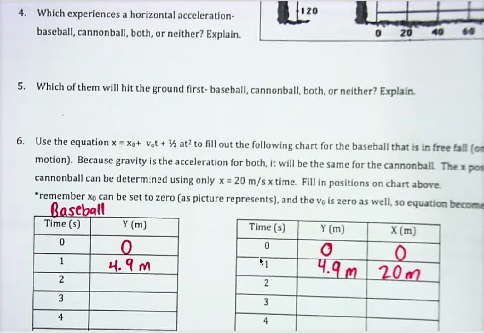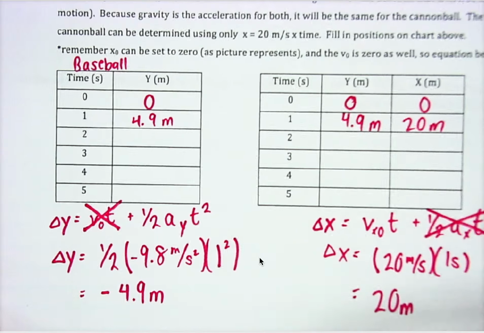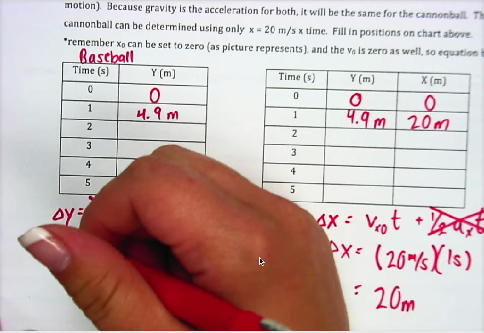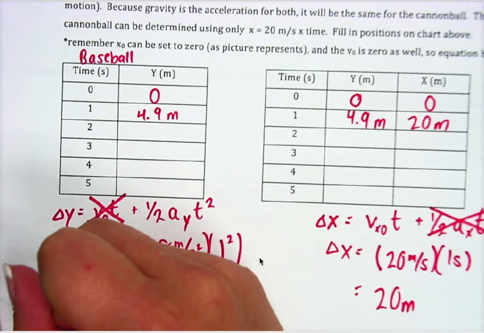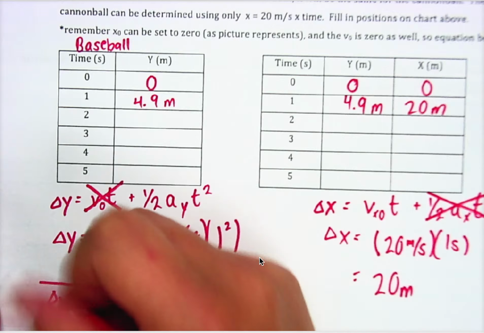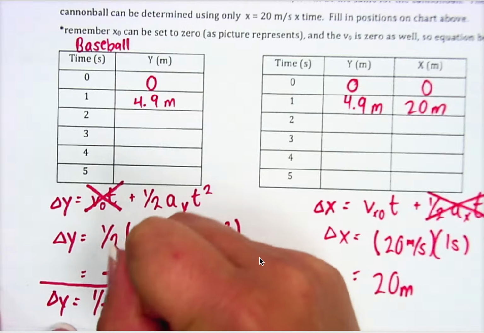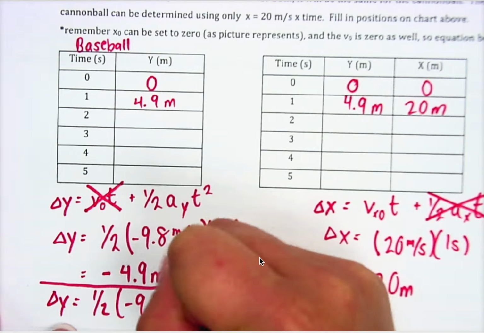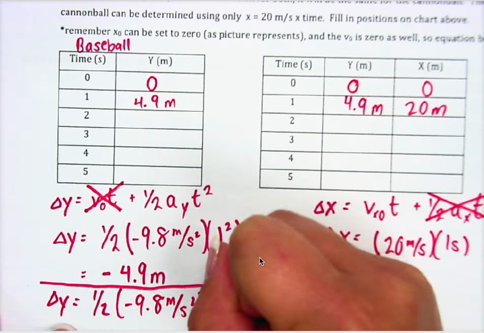Okay. Let's go ahead and do 2 seconds just to make sure we have this down. So now I'm going to use the same equation. So it's a different problem, but I'm going to use 2 seconds. So 1/2 times negative 9.8 meters per second squared times 2 squared.